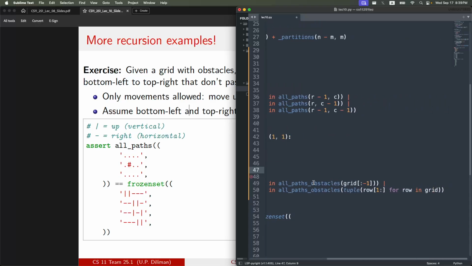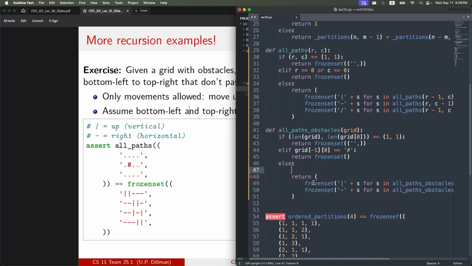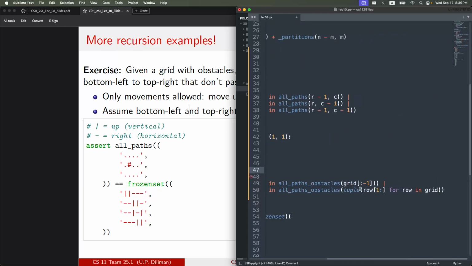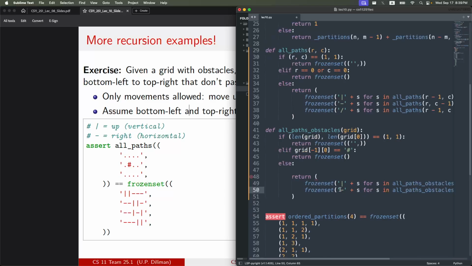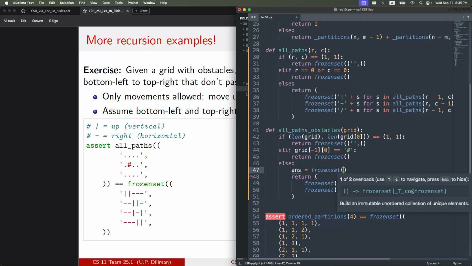Otherwise, how should we do this? Let's account for the cases where we cannot remove one row or one column from the grid. Say answer equals frozen set.